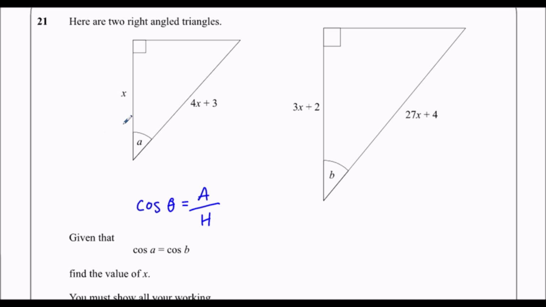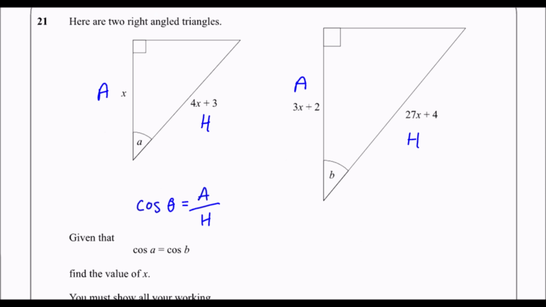For our first triangle here, the adjacent is x and the hypotenuse is 4x plus 3. And for our second one, the adjacent is 3x plus 2 and the hypotenuse is 27x plus 4.